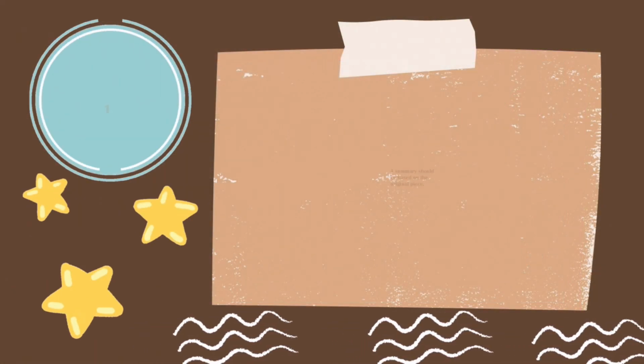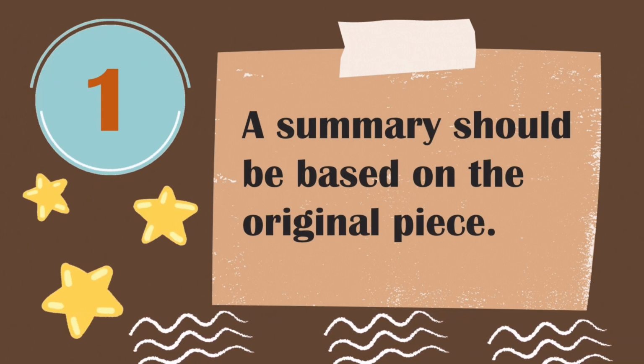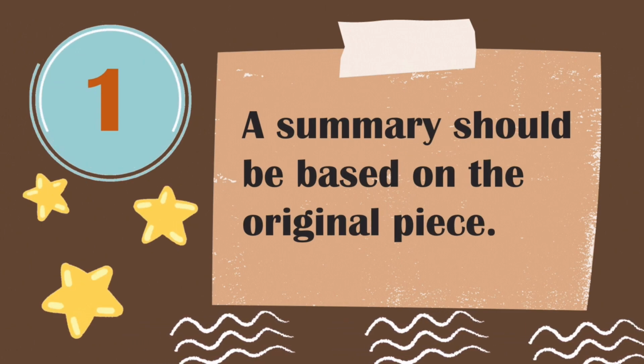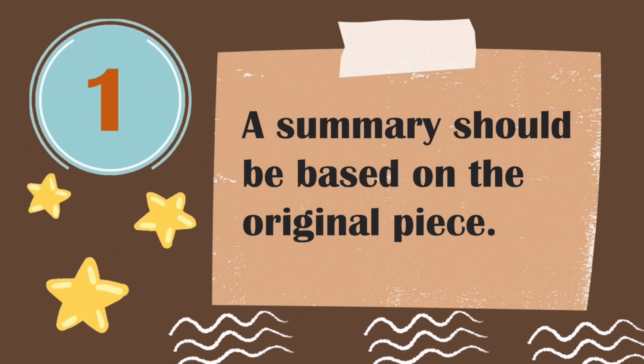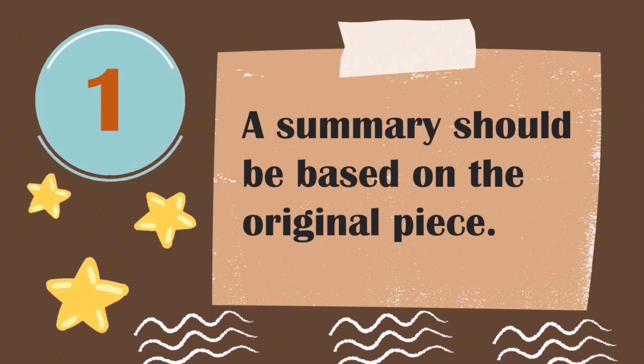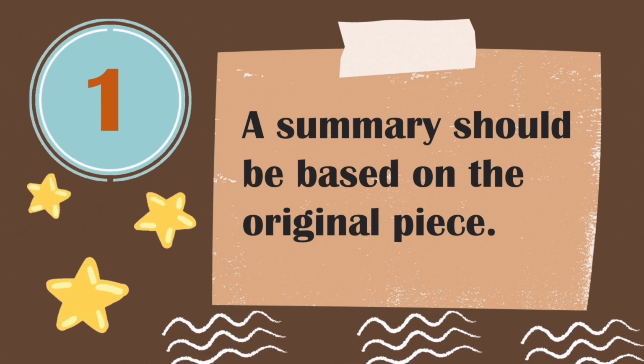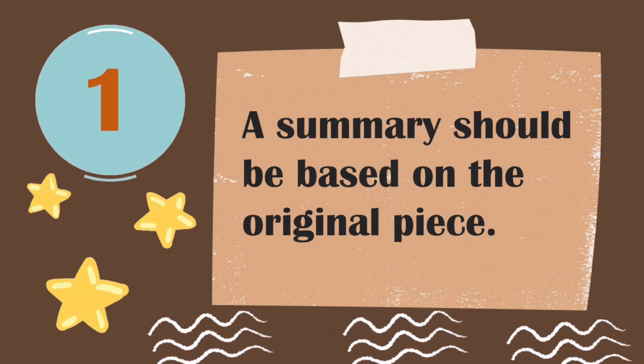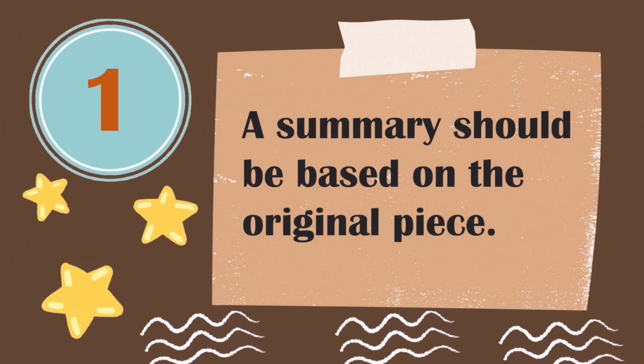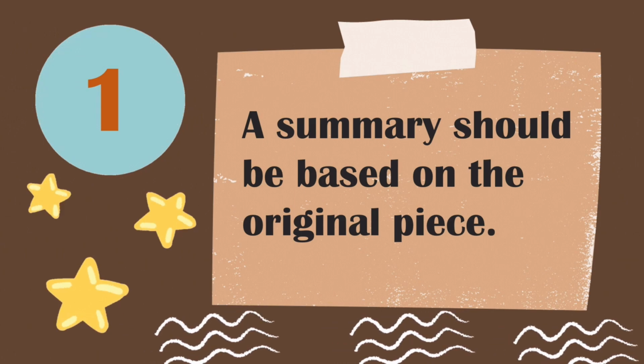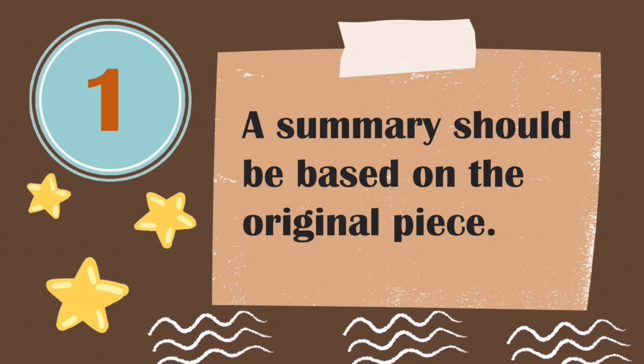First, a summary should be based on the original piece. While you have to use your words, it does not mean that you should analyze and interpret the material using your own understanding. You can still make a summary sound like an independent piece without including misinterpretations of some sort.